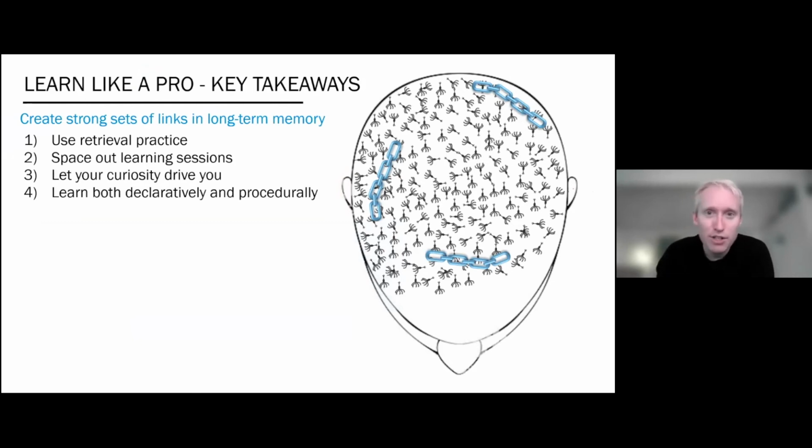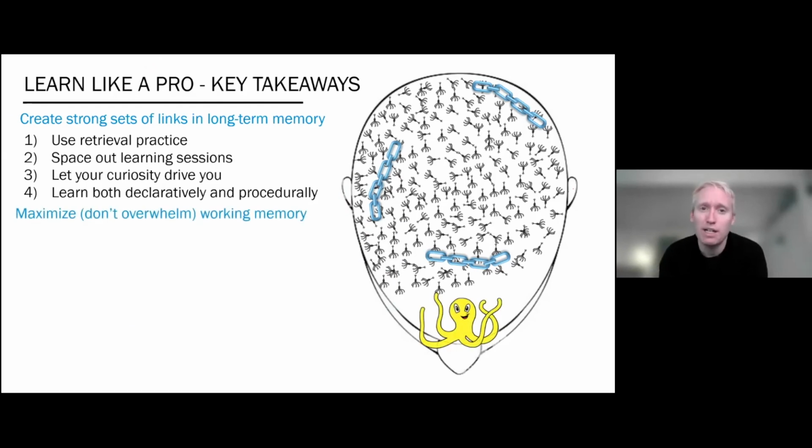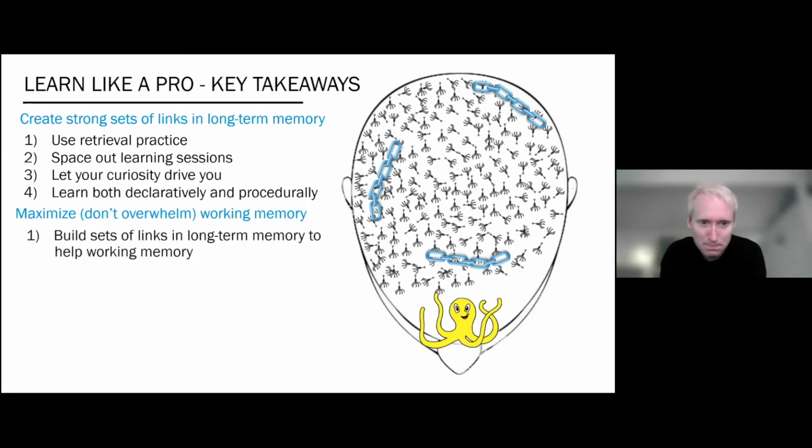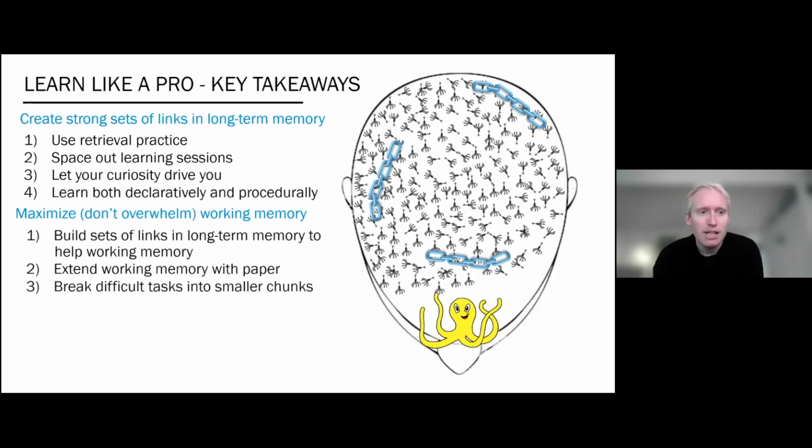Today, we focused more on working memory, and we talked about how it's important that you don't overwhelm working memory, but that you should maximize it. And a good way not to overwhelm it is to make sure that you have built strong sets of links in long-term memory that you can use. You can also extend working memory with paper.